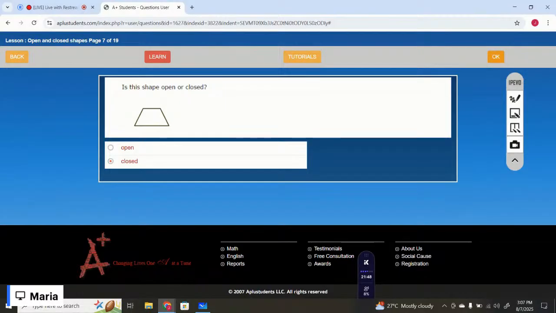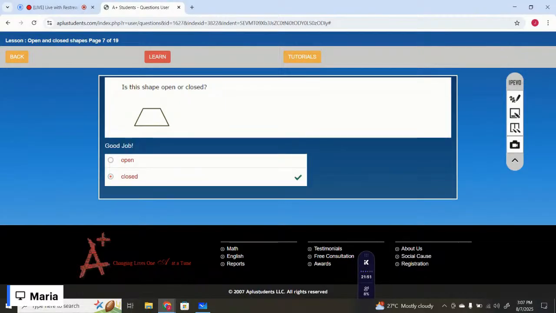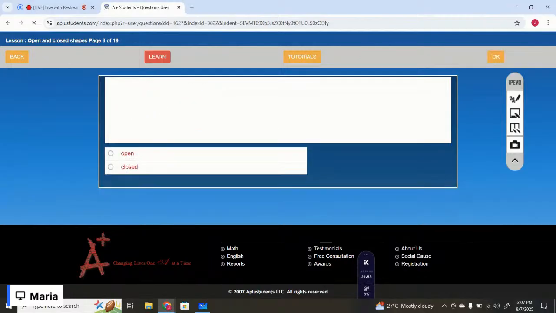Closed it is. Option number 2 is the correct option. Is this shape open or closed? Open it is. Option number 1 is the correct option.